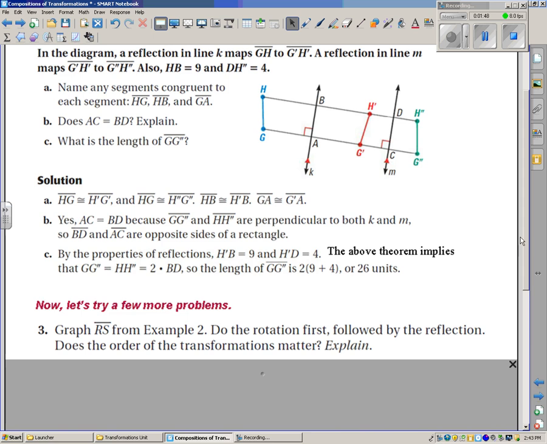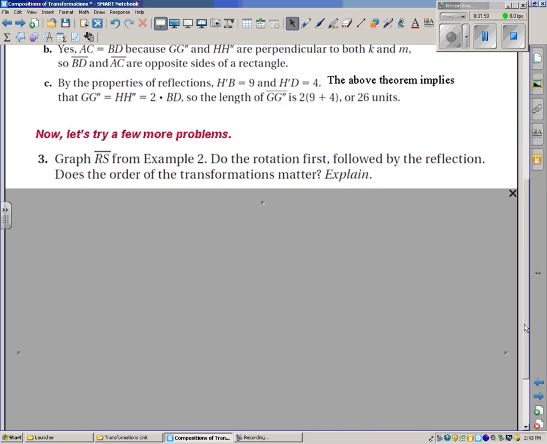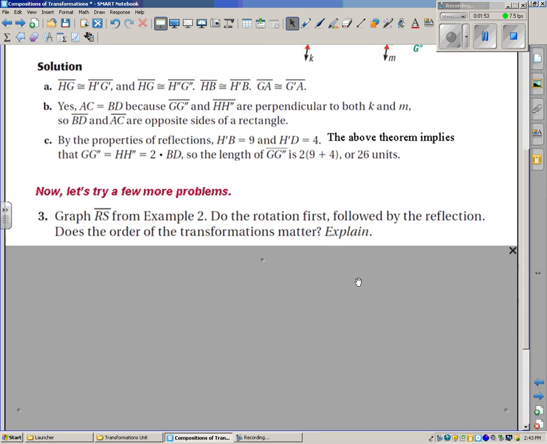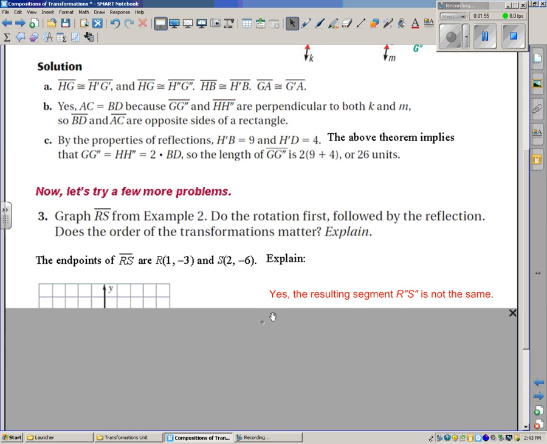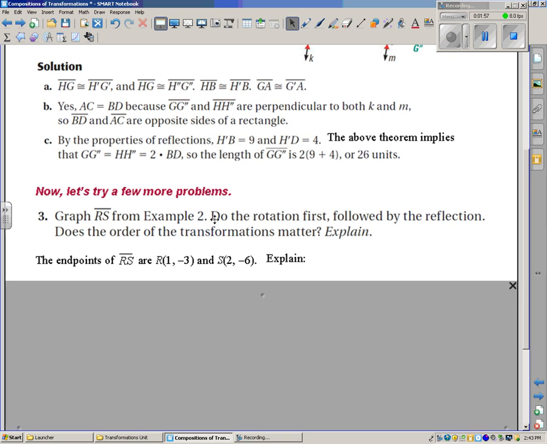Let's try another one. So the graph of segment RS down here: if we do a rotation first followed by reflection, does the order of transformations matter?